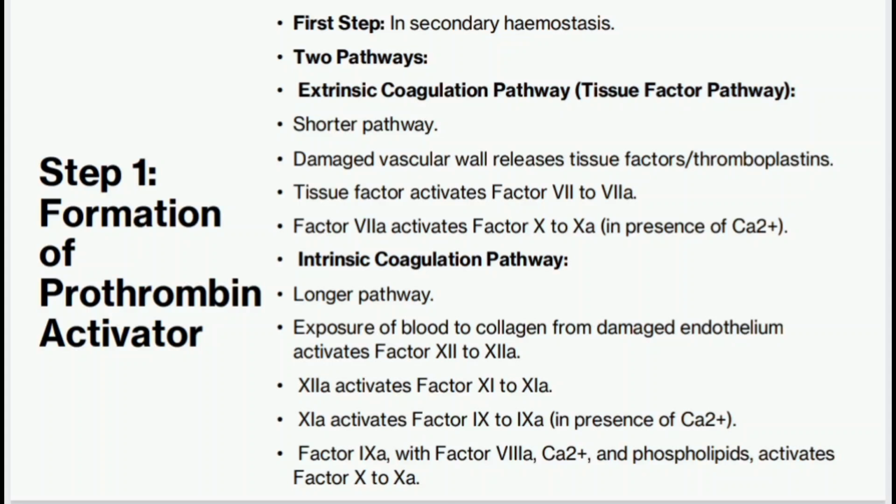In the case of the intrinsic coagulation pathway, this is the longer pathway, and it includes the exposure of the blood to collagen from damaged endothelium, and it activates factor 12 and 12a. 12a activates factor 11 and 11a. 11a activates factor 9 and factor 9a in the presence of calcium ions.